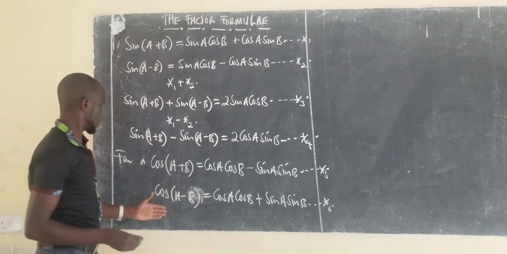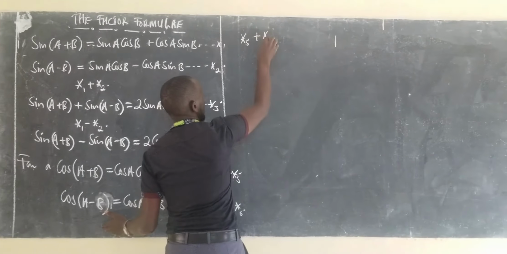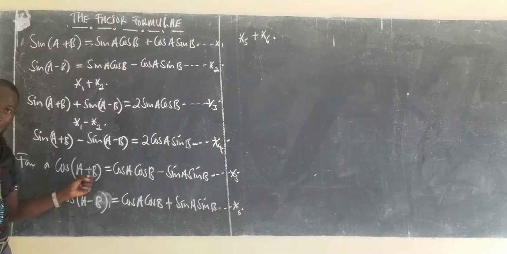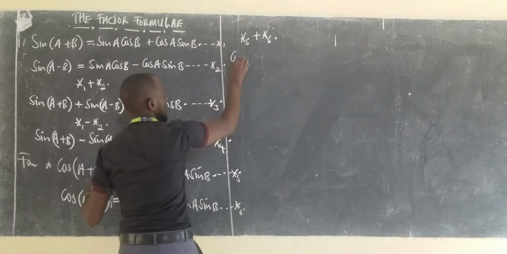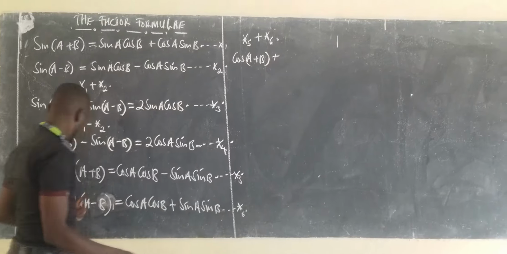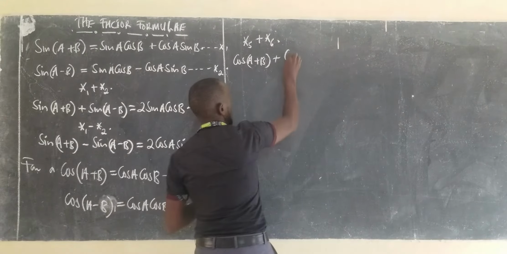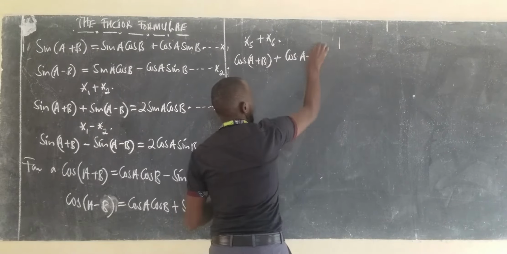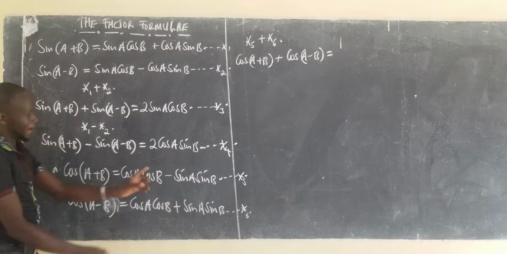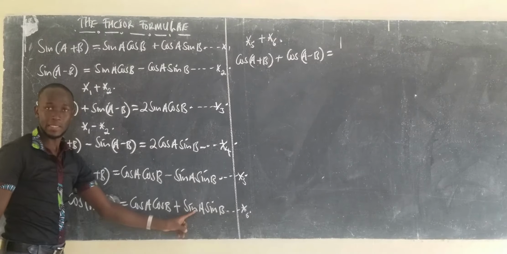When you look at the two, you get 5 plus 6. Now we are adding this. It is cos of A plus B plus cos of A minus B. When you add the two, look what it is. The sine A sine B terms look exactly similar.